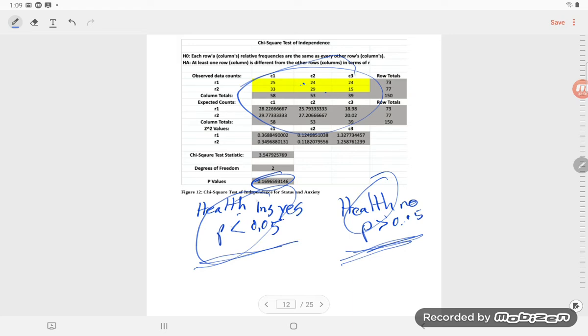I would probably do twice as many columns because that's the socioeconomic status. So I would have, for instance, a column for low socioeconomic status and health insurance, and then low and no health insurance, and then a medium and a yes, and so forth. That would be another way to go, and that would have blocked it by health insurance.